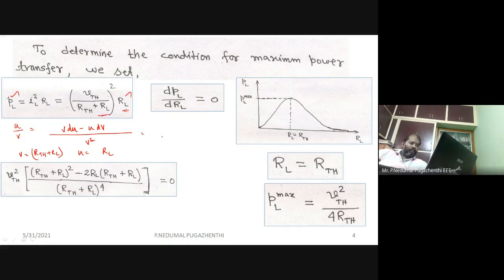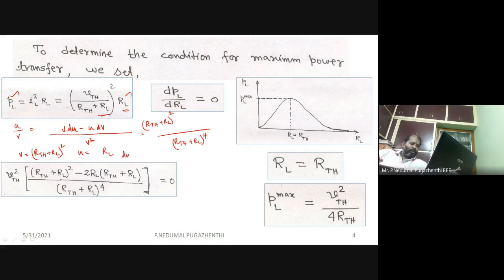I will get R Thevenin plus RL, already it is squared, so the whole square gives me power 4. V is equal to R Thevenin plus RL the whole square, so R Thevenin plus RL the whole power 4, and writing out V du: V du is R Thevenin plus RL the whole squared into du.